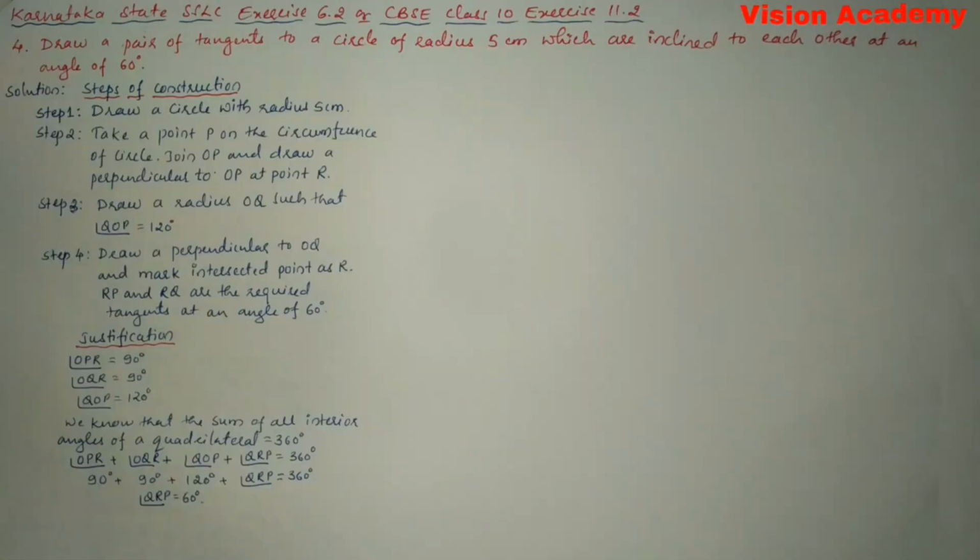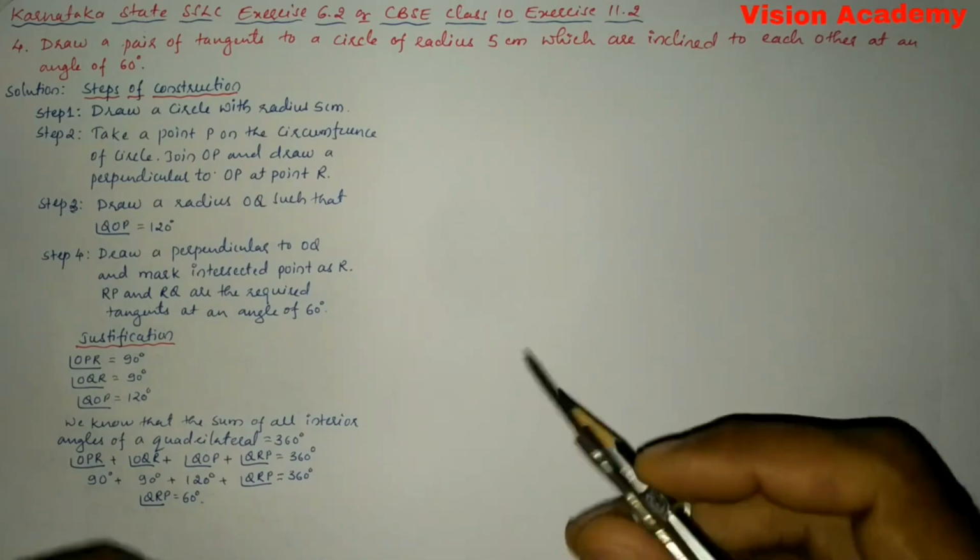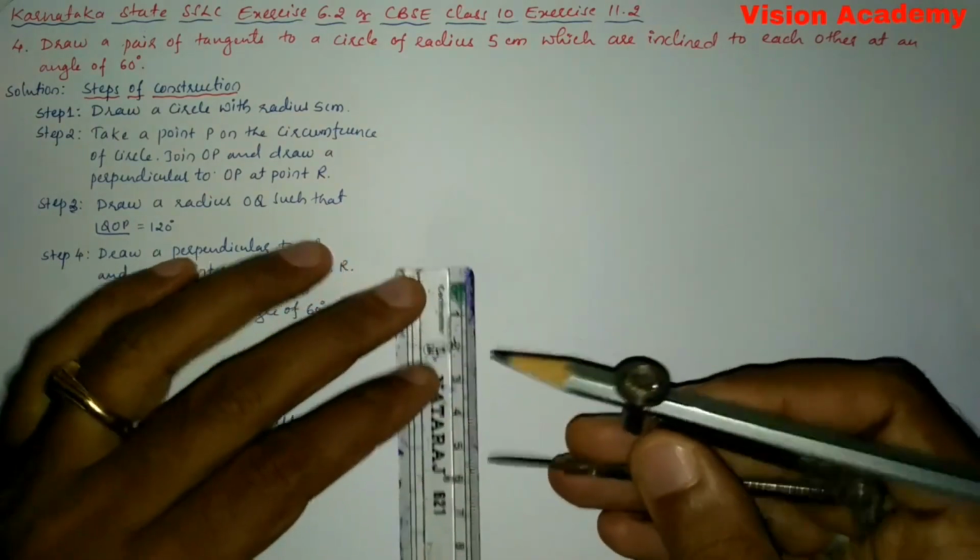Question number 4. Draw a pair of tangents to a circle of radius 5 cm which are inclined to each other at an angle of 60 degree. Let us go for solution for the given problem. Steps of construction. So let us take step 1. Draw a circle with radius 5 cm.